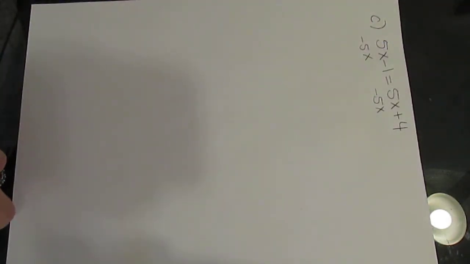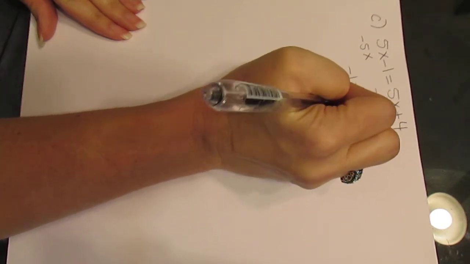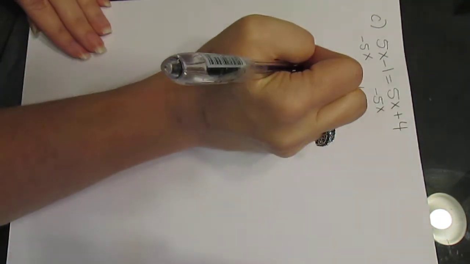But in this one, on both sides, the x cancels out. So we get -1 equals 4. Well, when this happens, that means no matter what we try to plug into that equation, it's never going to work. So we get no solution for this equation. And if we want to classify it, it's a contradiction.